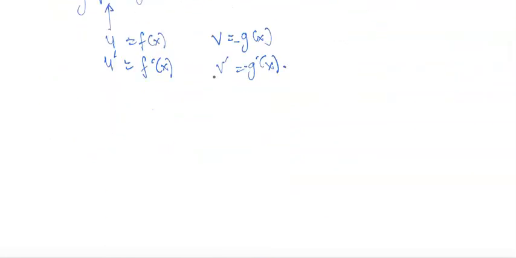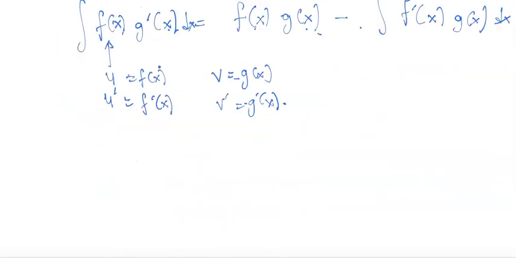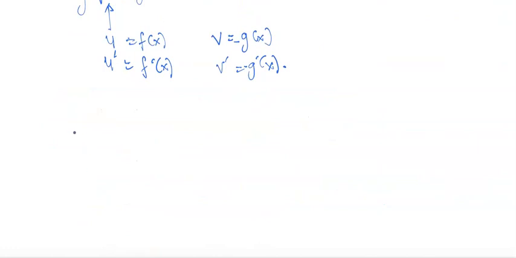Okay. Now, how do we determine which one is u and which one is dv? When you have two functions, let's say you have to solve the integration of x sine x dx. When you try the substitution method, you cannot use it because one function is not the derivative of the other, so you cannot use substitution.